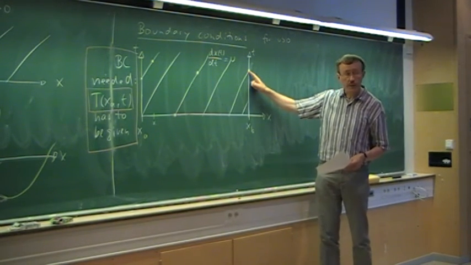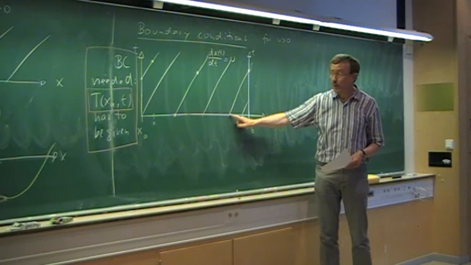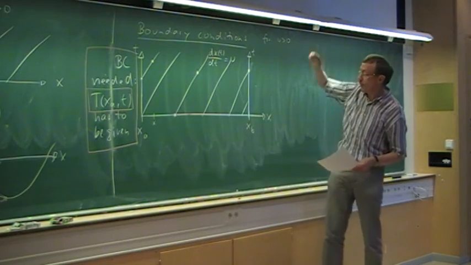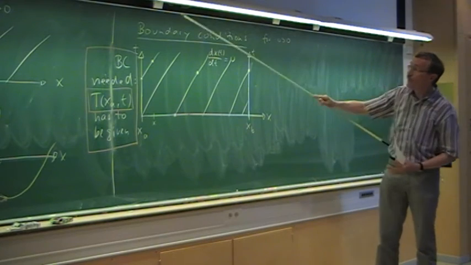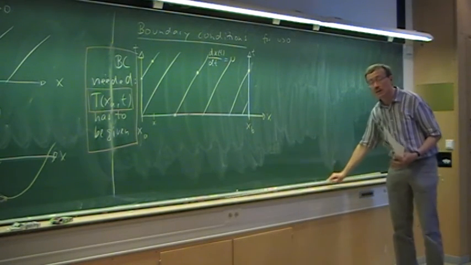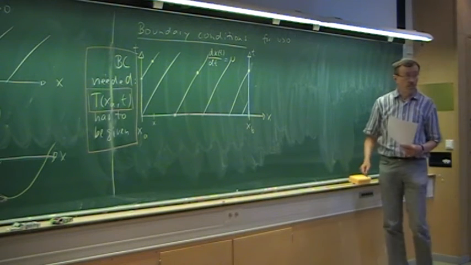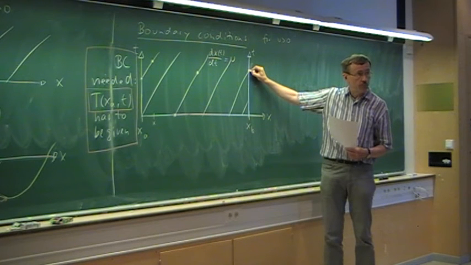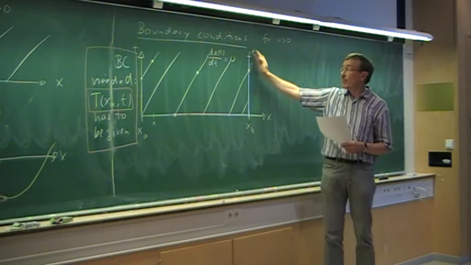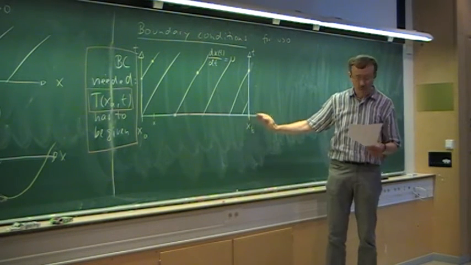Because this is on a characteristic that goes back either to the initial condition in this case, or if we are far away, then we will go back to the left boundary. In any case, either by the initial condition or by the left boundary condition, we will know what is at the right boundary. That means no boundary condition must be given at the right boundary, because we know already what is going on.